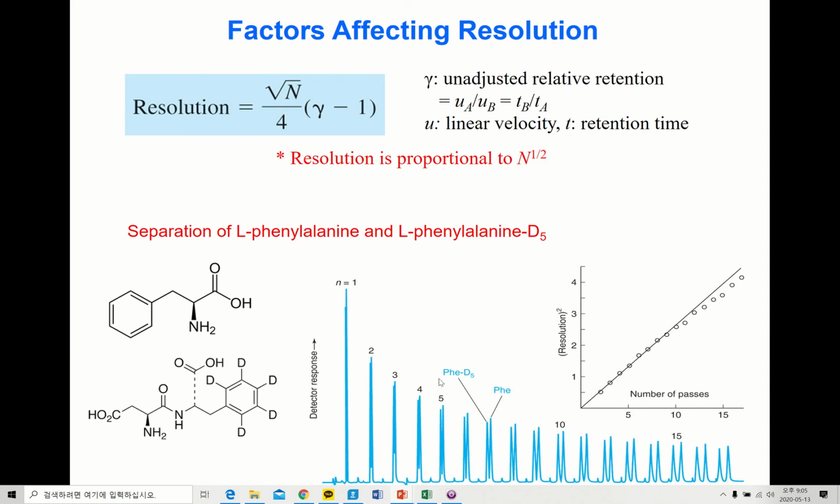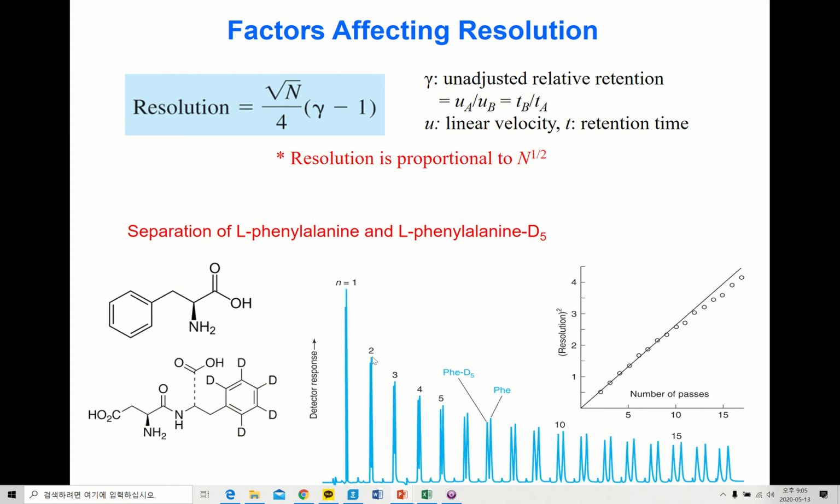That is equivalent to increasing the column length. Here at the first run, there is a little separation, but it is not enough, and then you run again after collecting the eluent.